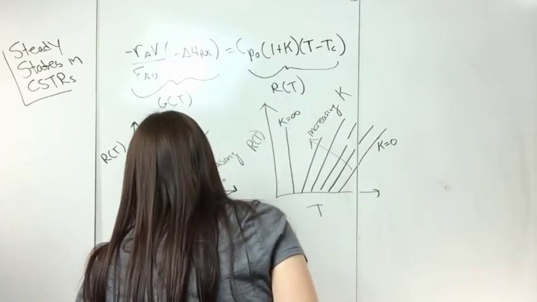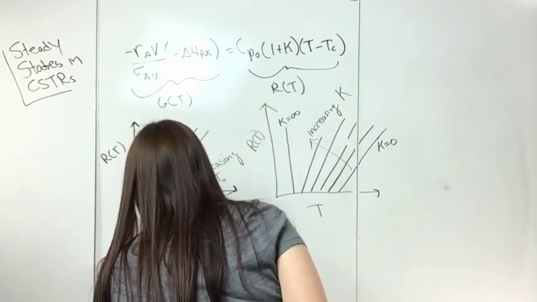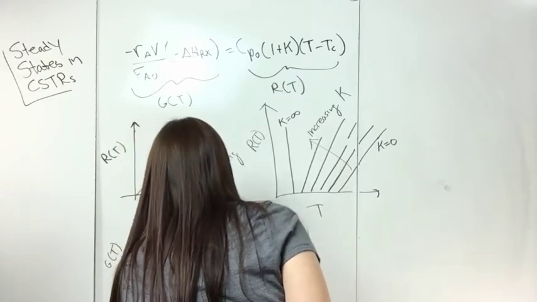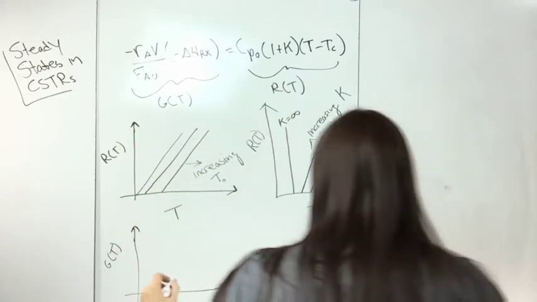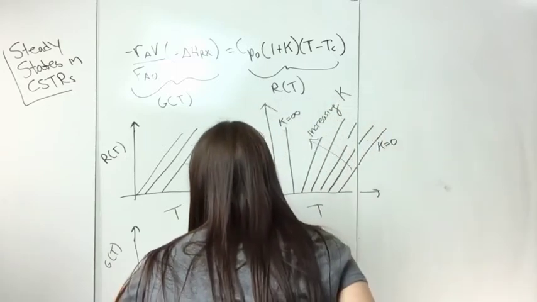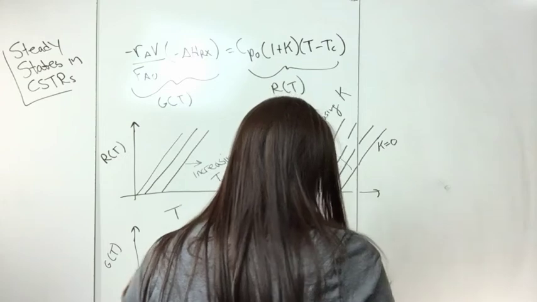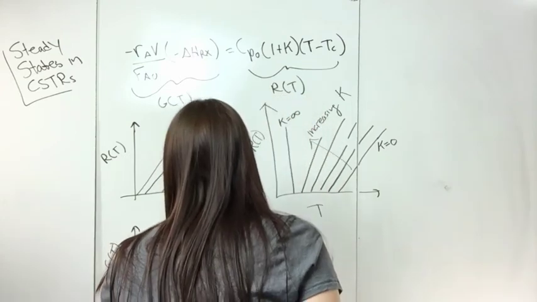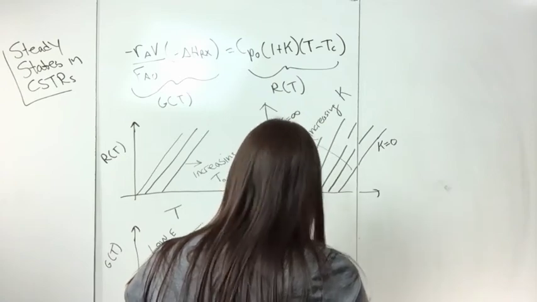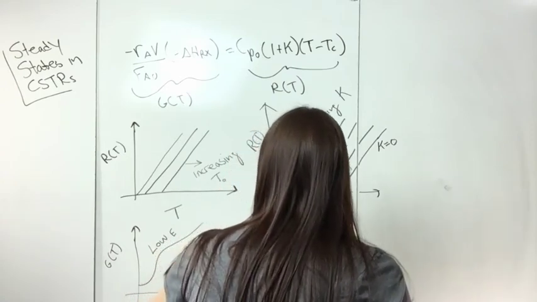So then let's look at a plot of G of T. So this is G, T, and that's going to be more of a curve, so maybe something like this. And so this would be low E, and then maybe you have a curve down here.